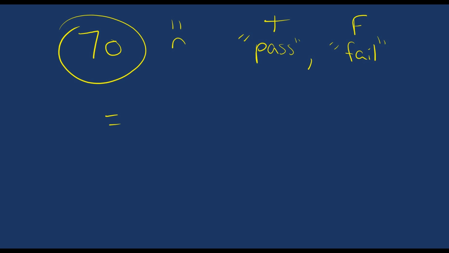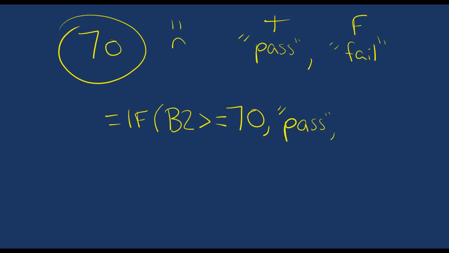So I'm going to come in here, equal sign if, parentheses, and let's say our grades are in B2. So is B2 greater than or equal to, because you can pass with a 70, and we're going to put the number 70, so we're comparing a cell to a value. That is our logical function. After that, comma. Then we're going to go on to our true, comma.